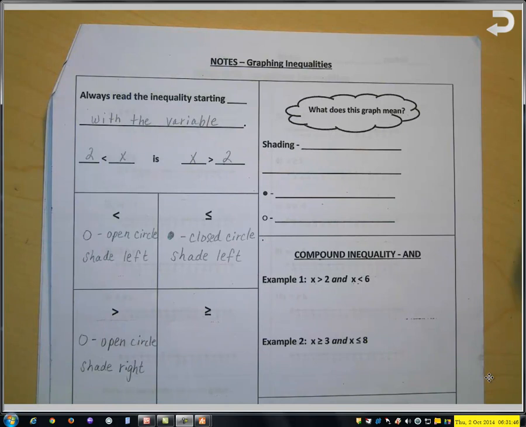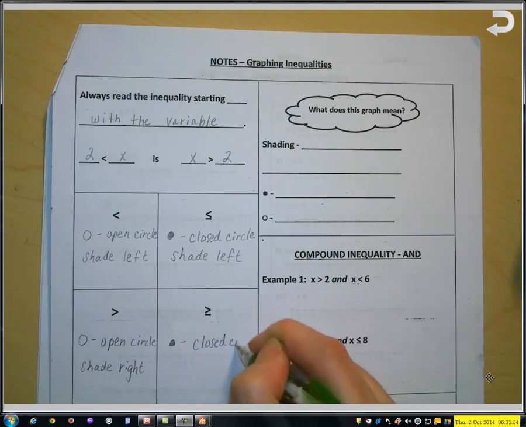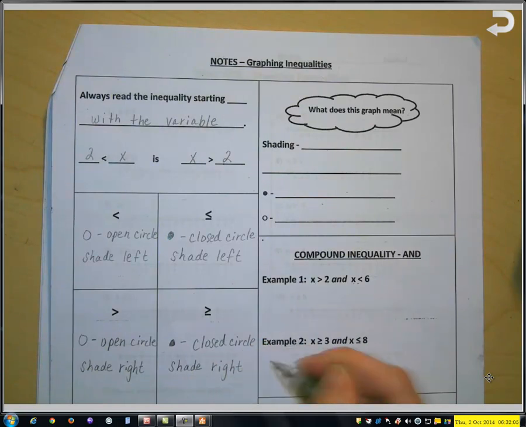When we are graphing a greater than or equal to, we'll have a closed circle, and we will shade right again. So let's just move down and do some examples.